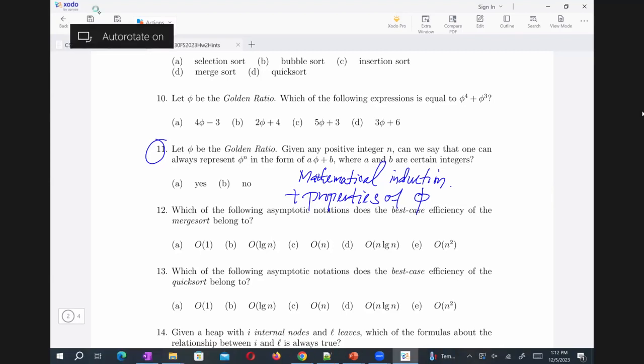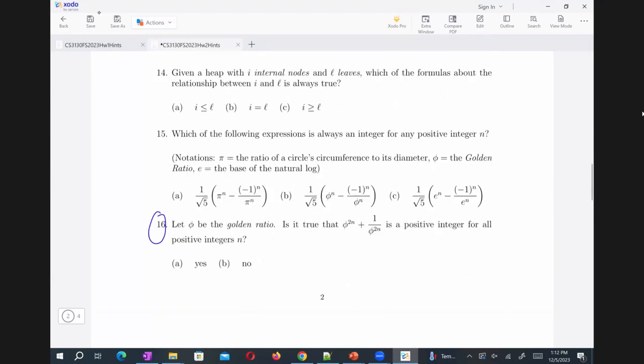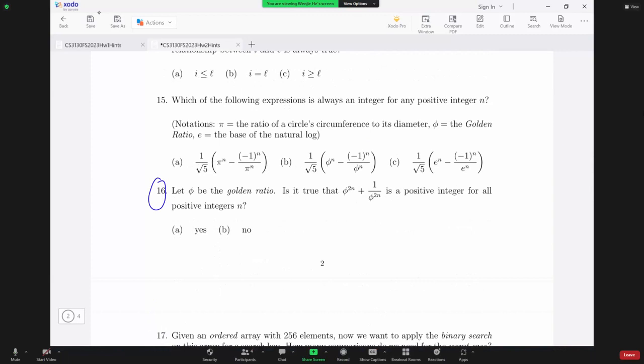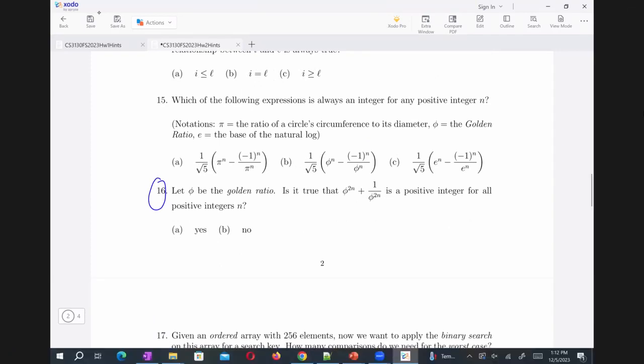For number 16, it is harder than this one. Number 16 is harder than number 11. Both use mathematical induction plus the properties of golden ratio, but here there is one more thing you need to use.